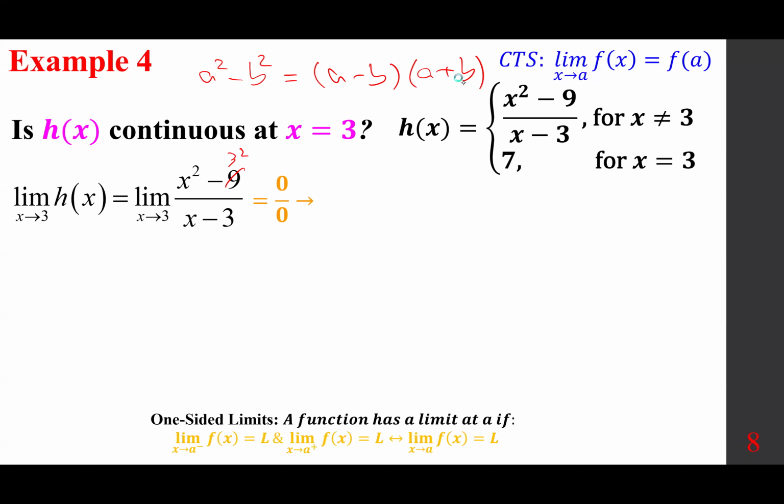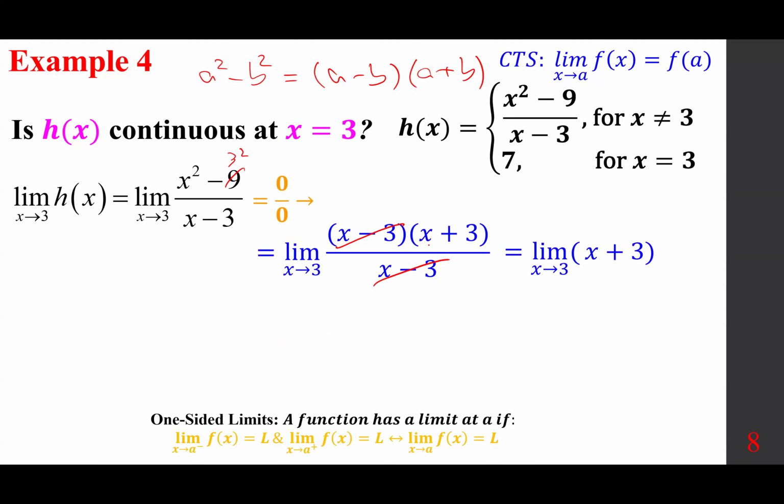So we get the limit as x approaches 3 of x minus 3 times x plus 3 over x minus 3. These two cancel each other, and we get the limit of x plus 3 as x approaches 3, which is 6.